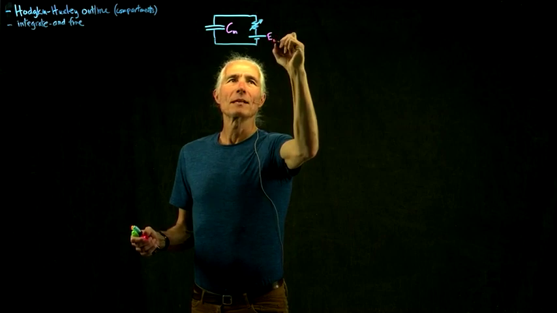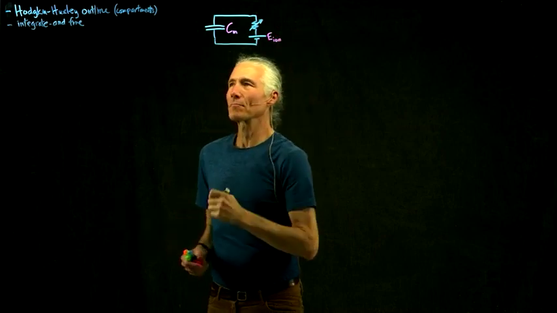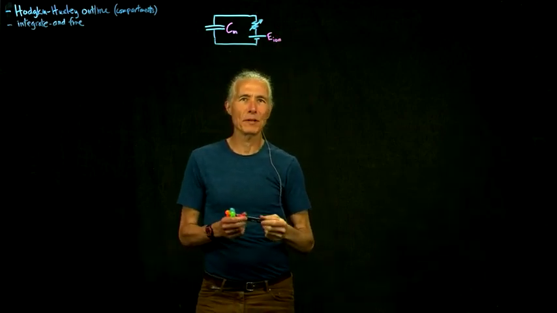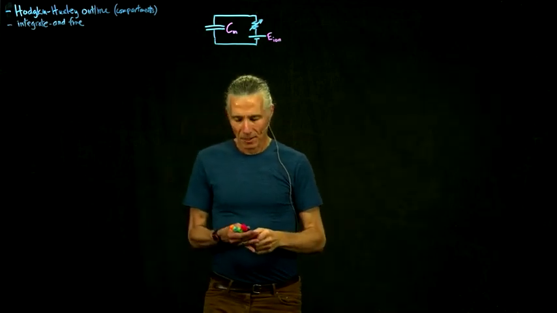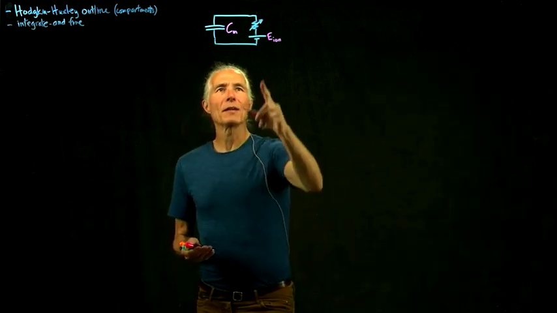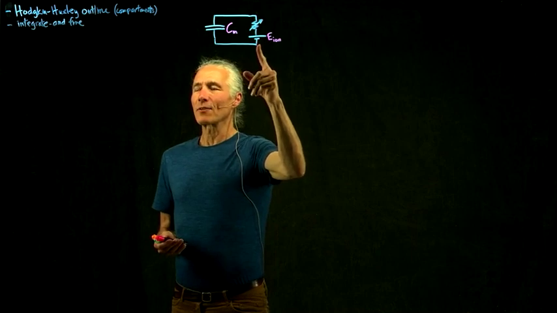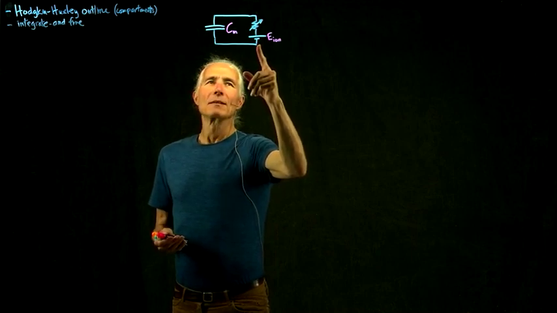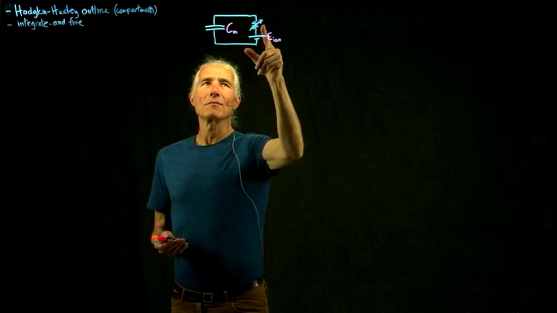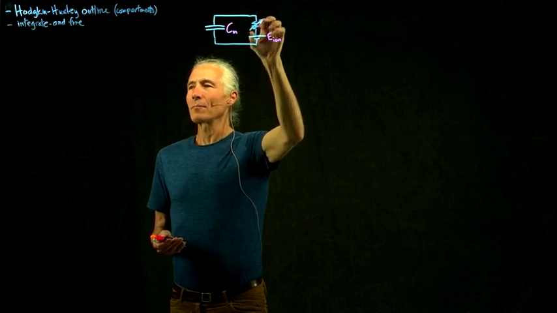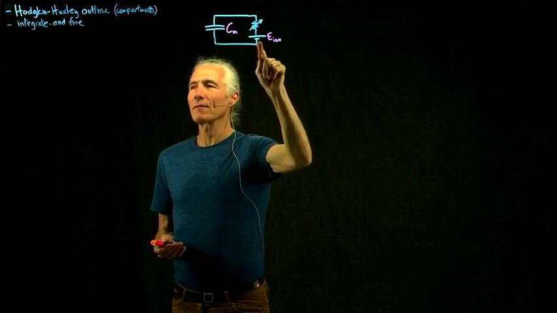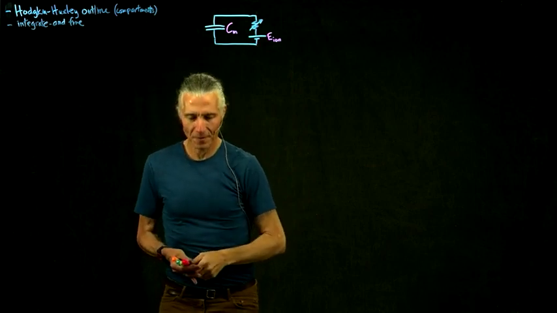It could be potassium or sodium. So that's the Nernst potential for that ion. That's the driving force on that channel that is now going to have a variable amount of resistance, letting varying amounts of current through the channel.